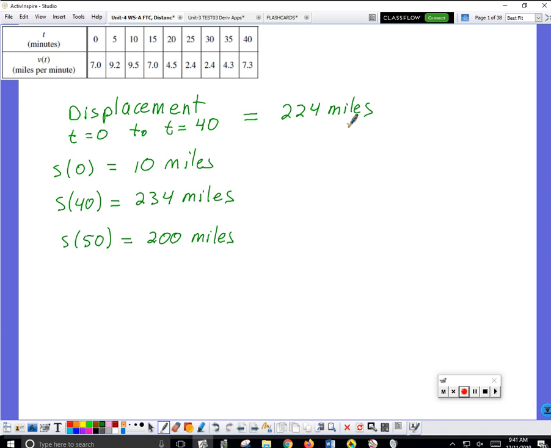Initial and final can be whatever. Like we just did one here where we said my initial position is time equal 40, 234 miles. My final position is time equal 50, 200 miles. So it doesn't have anything to do with time equals 0 necessarily. 2 points for Josh. Somebody else. Cool. So that's displacement.